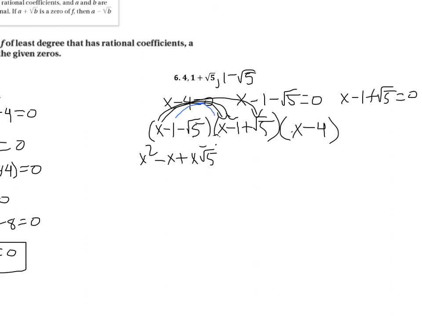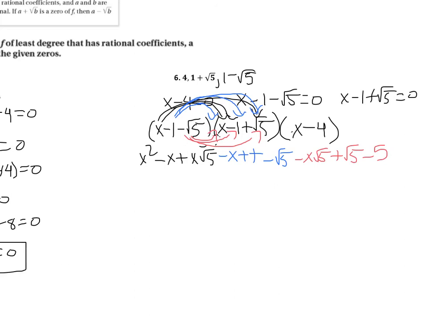Now distribute the negative 1: minus x plus 1 minus the square root of 5, and then go for the last one: minus x square root 5 plus square root 5 minus 5.